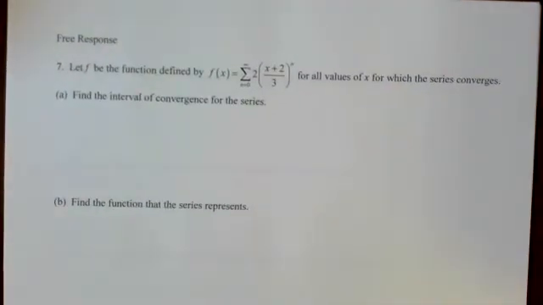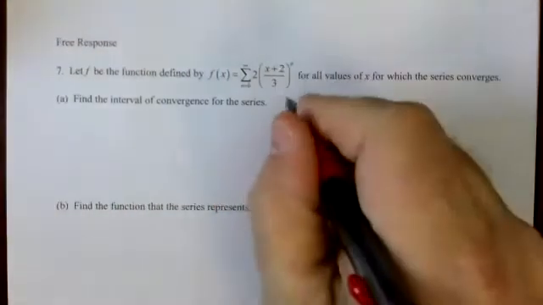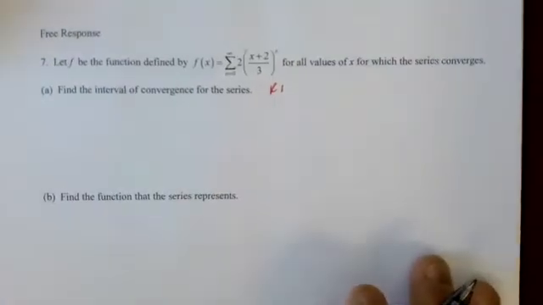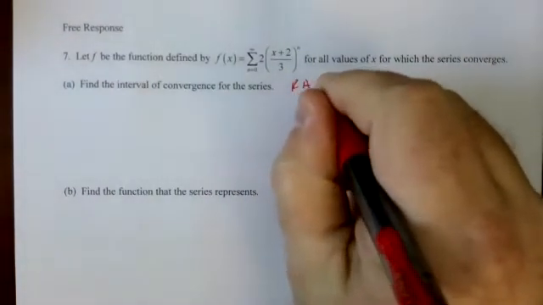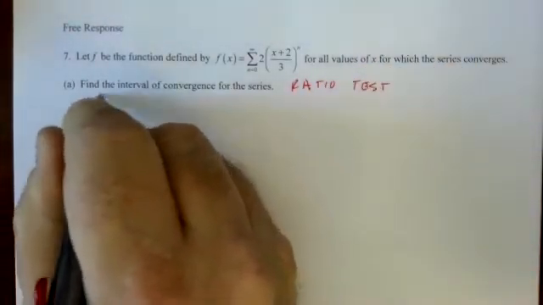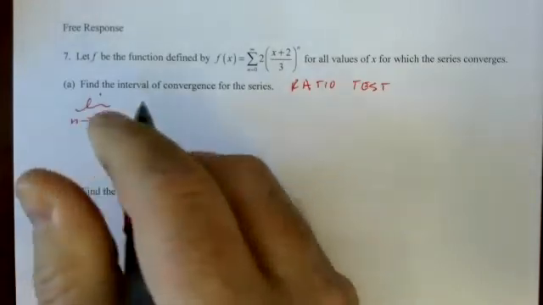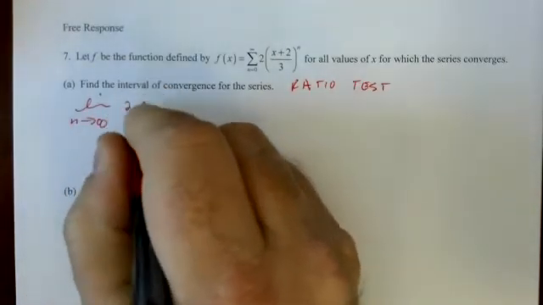Let f be the function defined by the power series, on the interval of convergence. Hey, interval of convergence, how do I do that? Ratio test. Limit as n goes to infinity. What's with the 2?